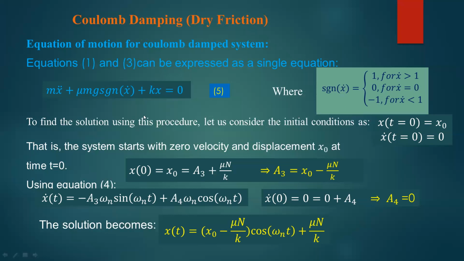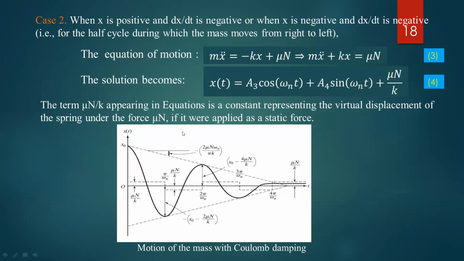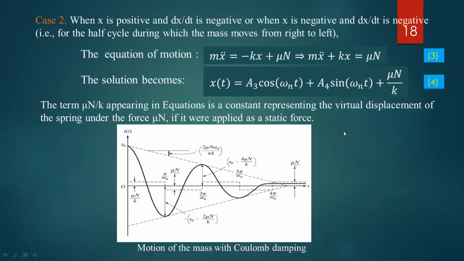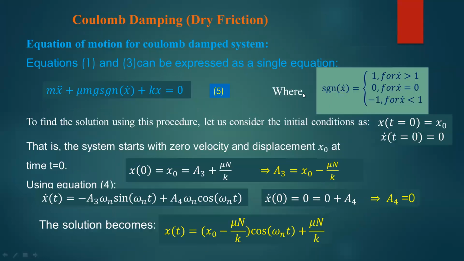So this equation synchronizes equation number 1 and equation number 3. Equation number 1 means m x dot dot plus kx is equal to minus mu N. And the third equation is m x dot dot plus kx is equal to mu N. So these two equations are expressed together in a single equation by using the signum function.